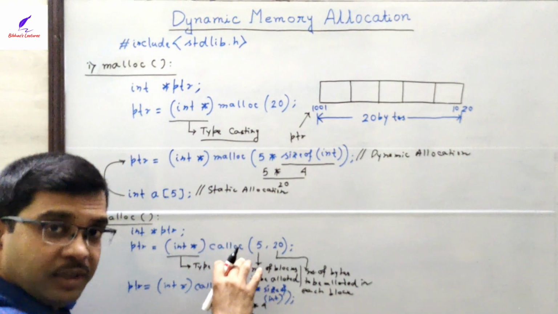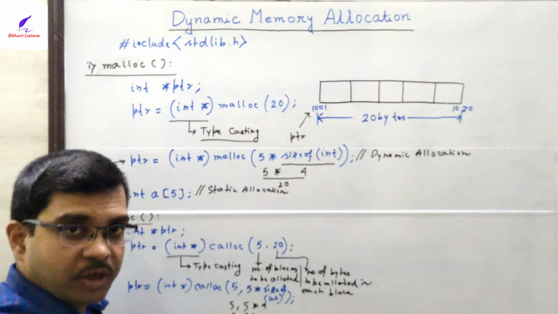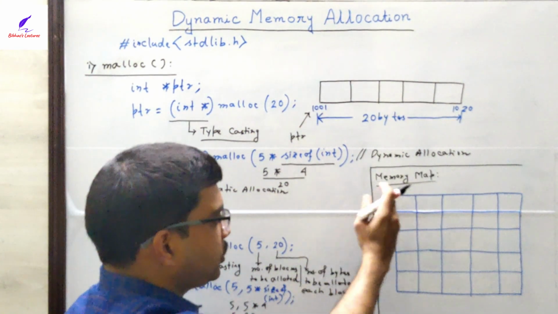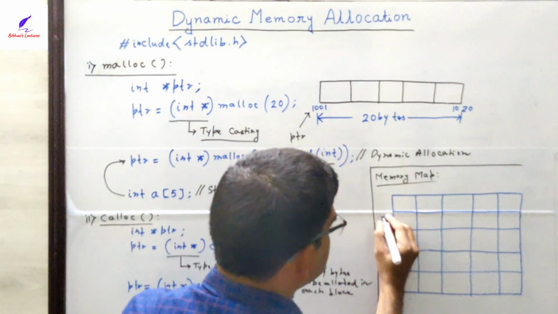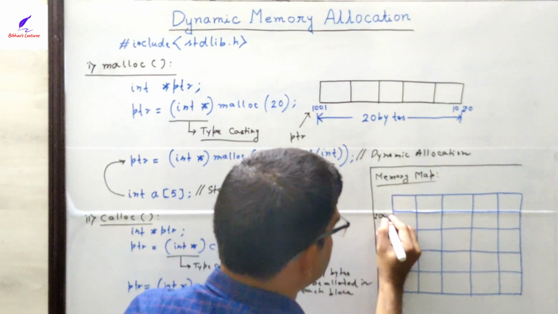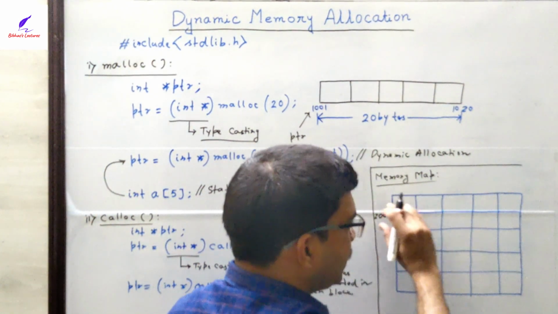Now when this line is executed by the compiler, we will check what the corresponding memory map will be. So now this is the corresponding memory map of this calloc function. Suppose the allocation is starting from 2001. Each and every block, each and every row will occupy 20 bytes of memory.